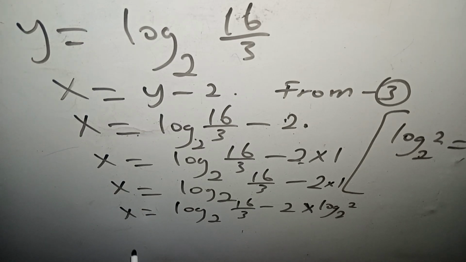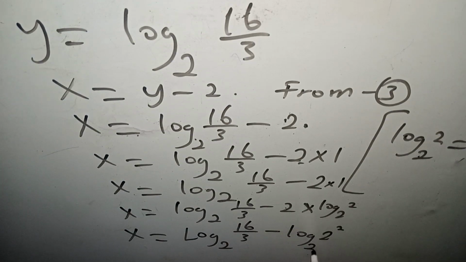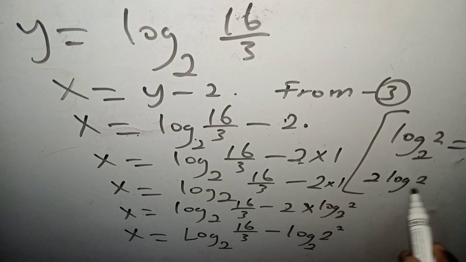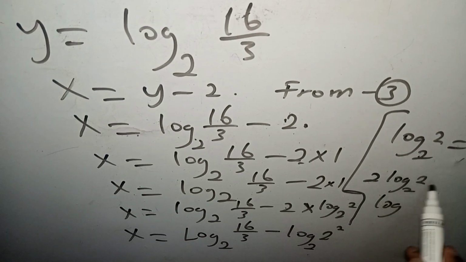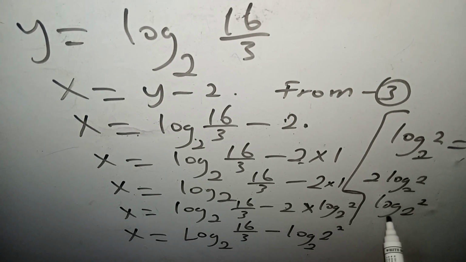Having done this, we now have our x is equal to log 16 over 3 to base 2 minus, if this 2 is coming to this side, we are going to have log 2 to the power of 2 to base 2. Because from the principle of indices, the 2 will be coming to the top as a power to base 2.